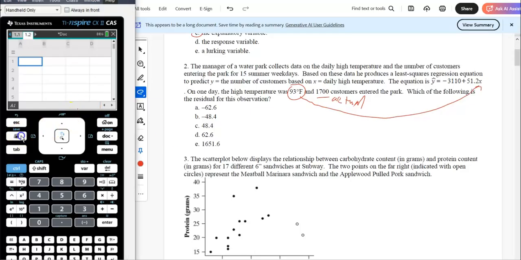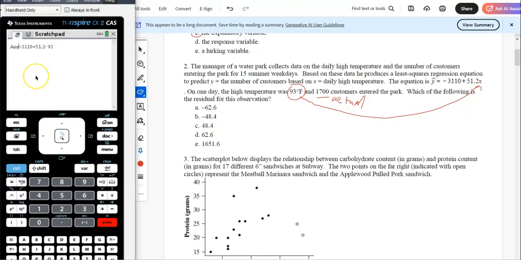So let's go to a calculator page. So negative 3.0 plus 51.2 times 93. Whoops, I meant to put negative there.